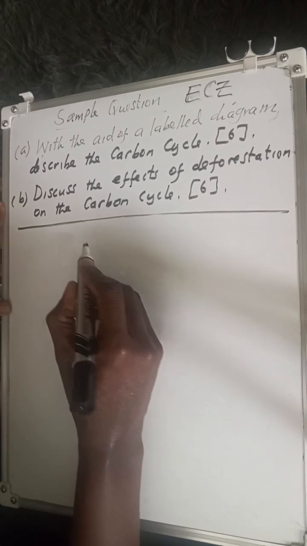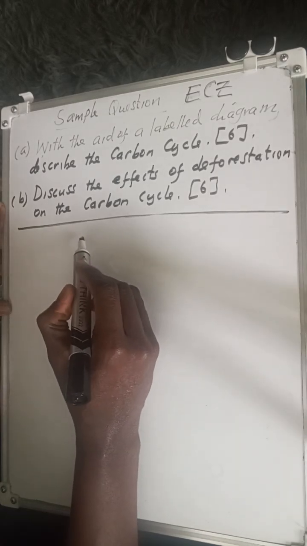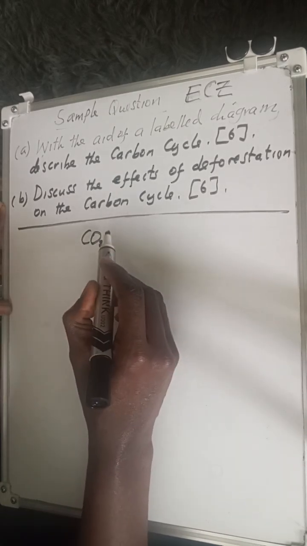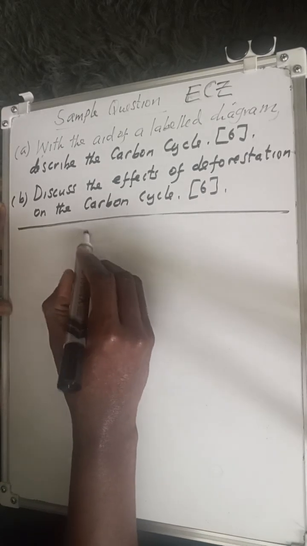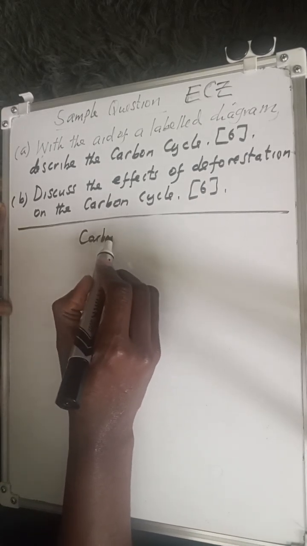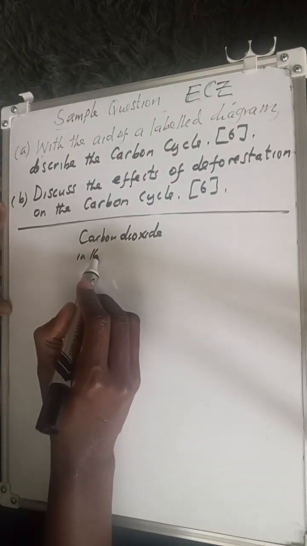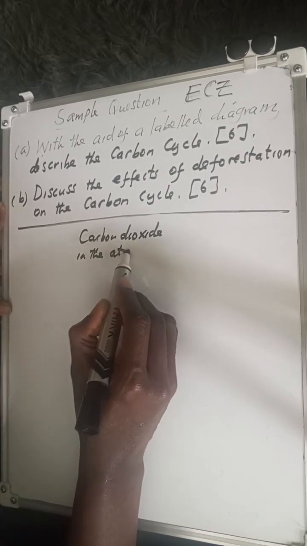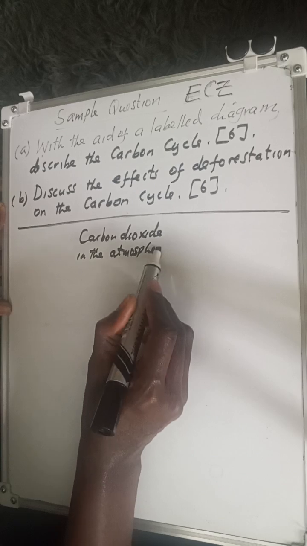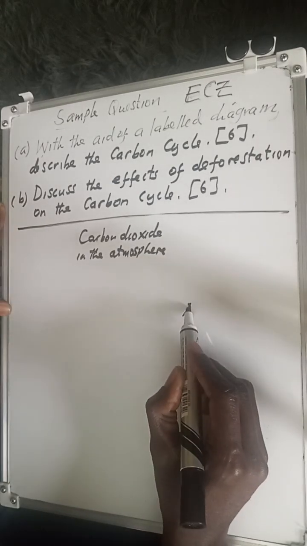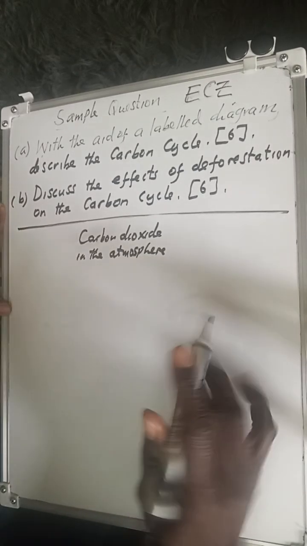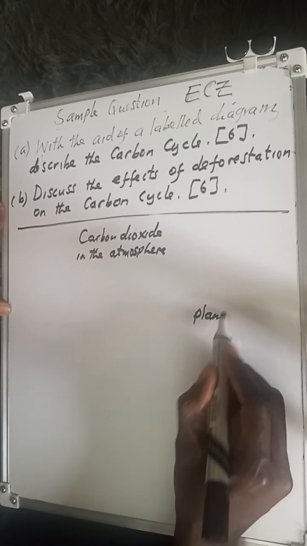If you remember from my previous video, we can simply say carbon dioxide in the atmosphere. So we have carbon dioxide in the atmosphere. Then of course we can have plants there.